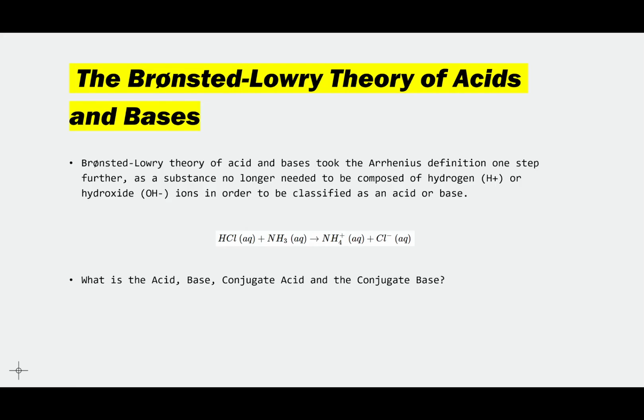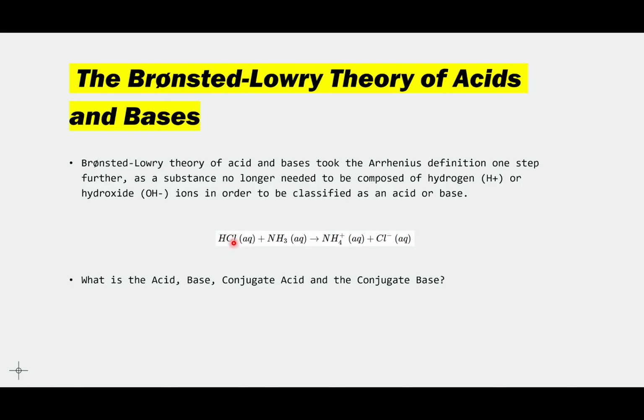So in this case, we're looking at hydrochloric acid reacting with ammonia, and that produces ammonium ions and chloride ions. We did state that Bronsted-Lowry acids can donate their protons.